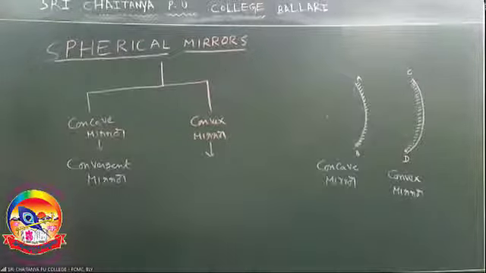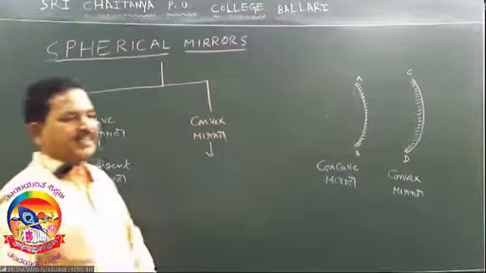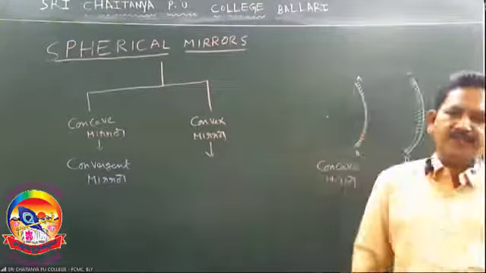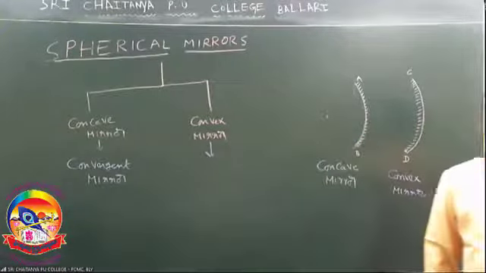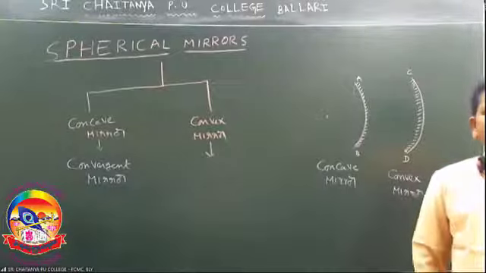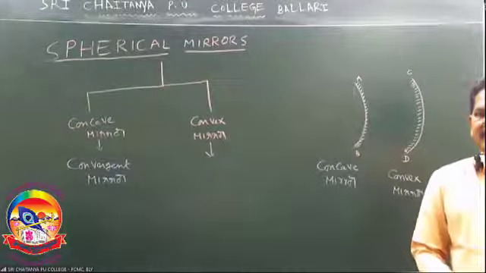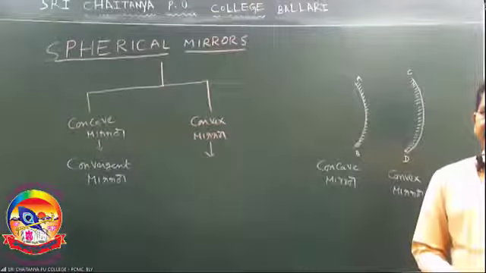When studying plane mirrors, in the introduction, we discussed that the beam of light is of three types: parallel beam, convergent beam, and divergent beam. After reflection or refraction, if the light rays meet at a point, that beam is called a convergent beam.